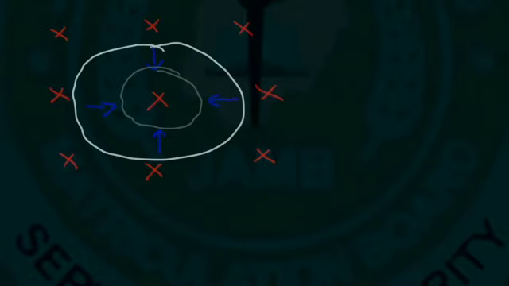So because the area is decreasing, the magnetic flux is decreasing as well. Now, if the flux is decreasing, according to Lenz's law, the induced current will be in such a direction that it's going to try to oppose the change in flux. If the flux is decreasing, the induced current will try to increase the flux.